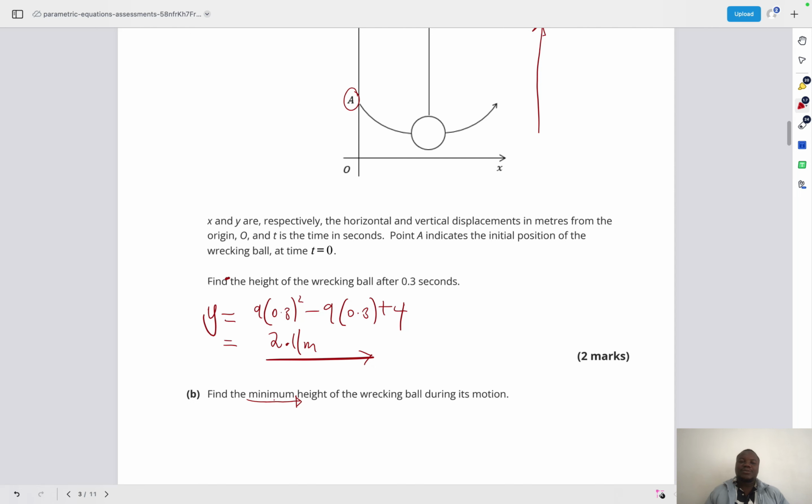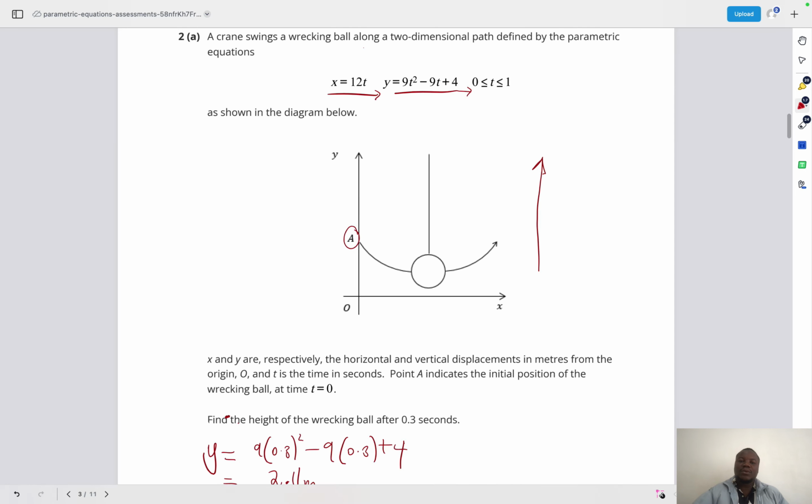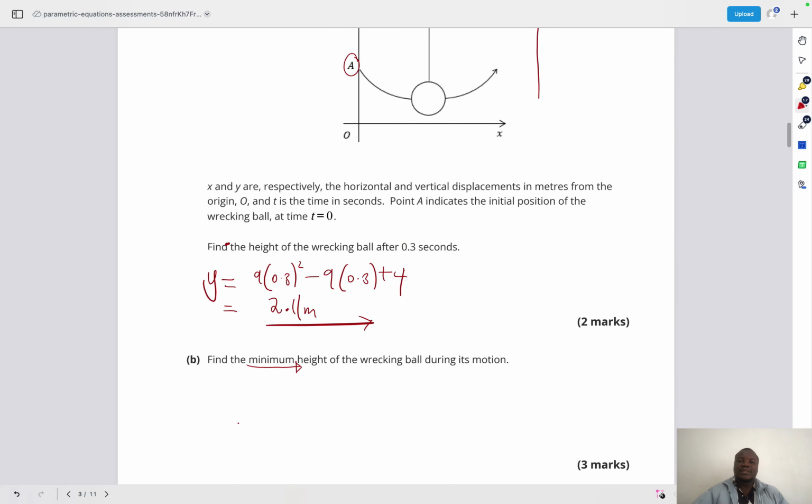The curve attains its minimum or maximum point at the turning points. So here they are asking us to find dy/dx, equate it to 0 to find t, and then once we find t, replace it into the y. That is what this question is asking us.